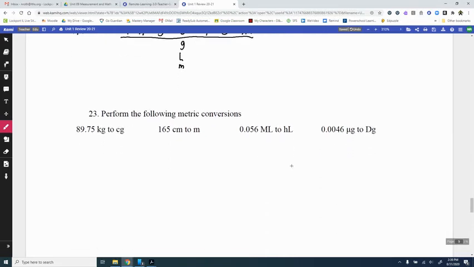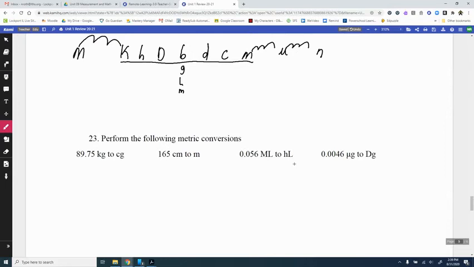All right, I should probably leave that up there. If we have 89.75 kilograms to centigrams, we first have to find kilograms right there. Then we find centigrams right there. Then we determine how many places are between them: 1, 2, 3, 4, 5. So 5 places, and we moved from the left to the right.